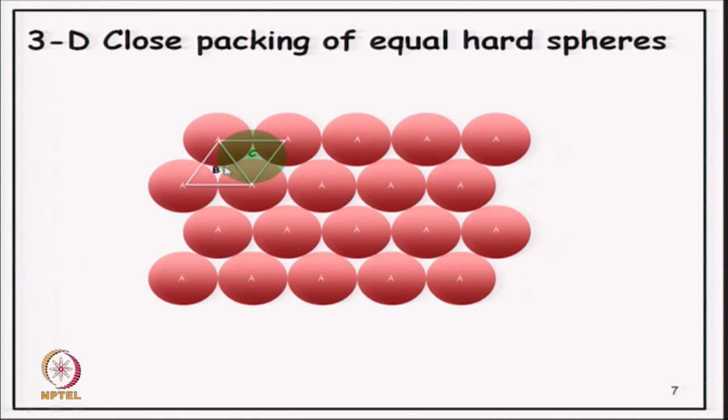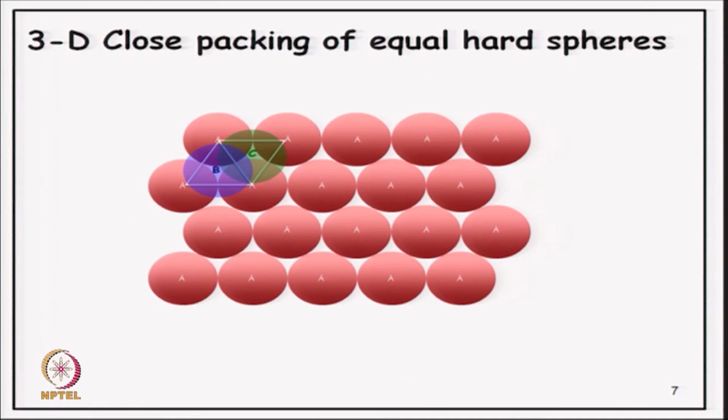So, what you will find is that the distance BC is much less than the distance AA, the side of the triangle.